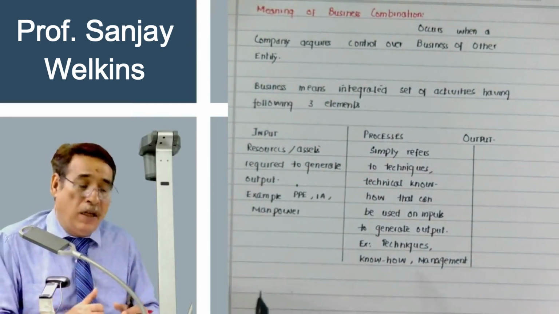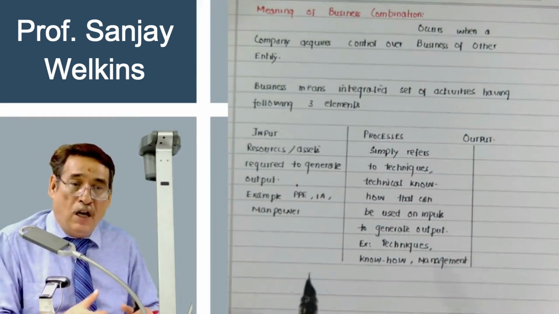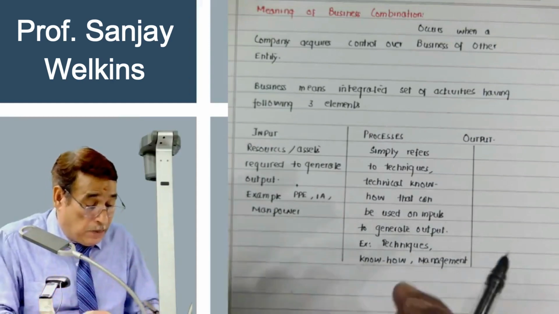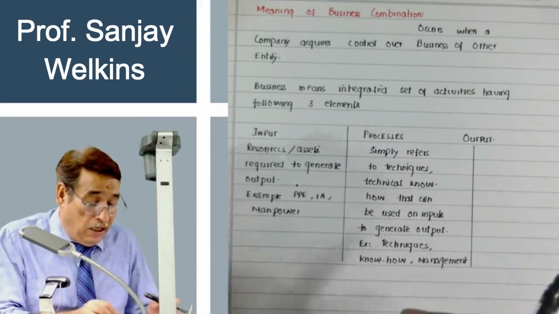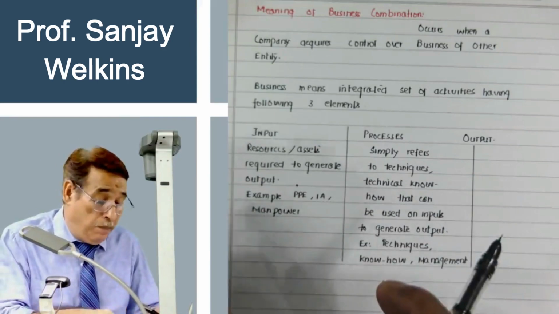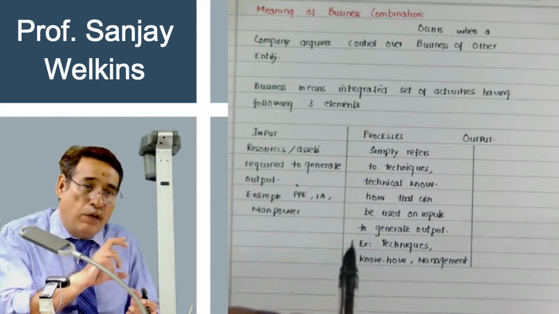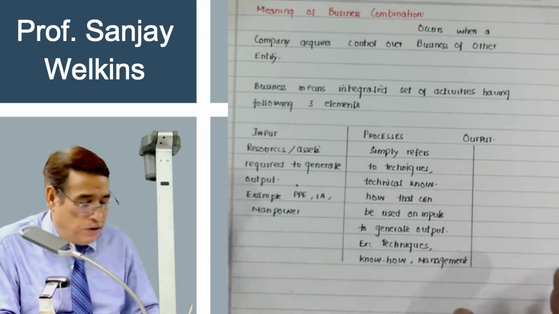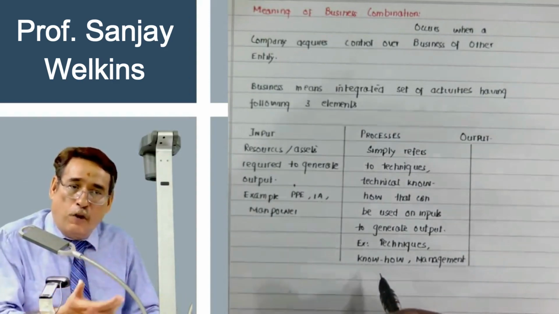Output doesn't mean that these things should be capable of producing the output. That means there must be ability. If I am going to integrate input and process, that means I should be able to produce what we call some output. And output basically refers to your production units or dividend or profits, that's all.